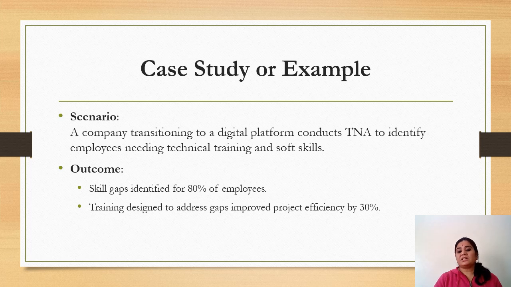TNA reveals skill gaps in 80% of employees, and a training program designed to address these gaps improves project efficiency by 30%, showing the direct impact of targeted training on organizational success. So this is how TNA is used.